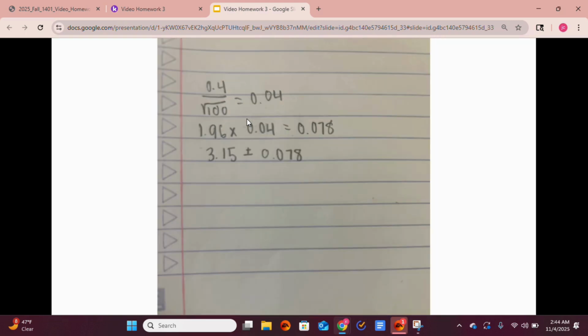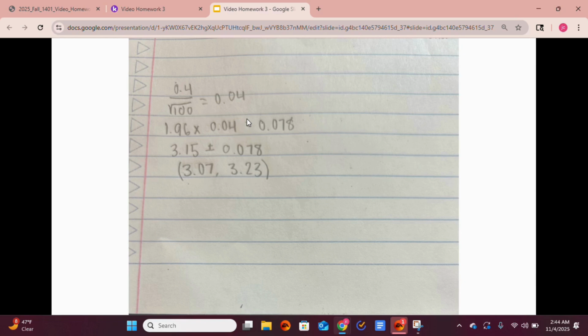Then we find the margin of error by multiplying 1.96 by 0.04 to get 0.078. Then we add and subtract 0.08 and 3.15 to get our interval of 3.07, 3.23.